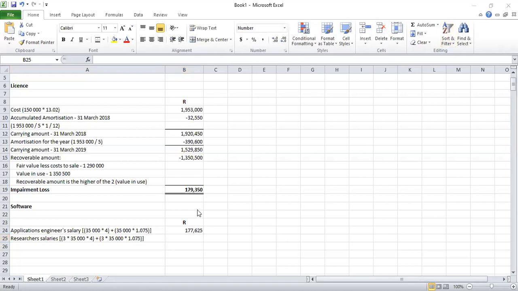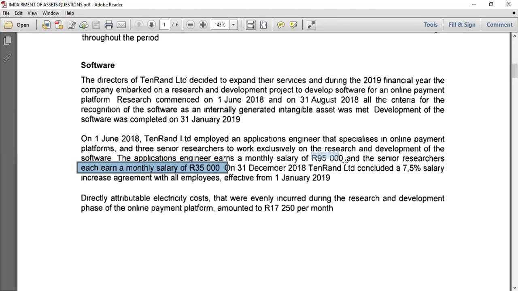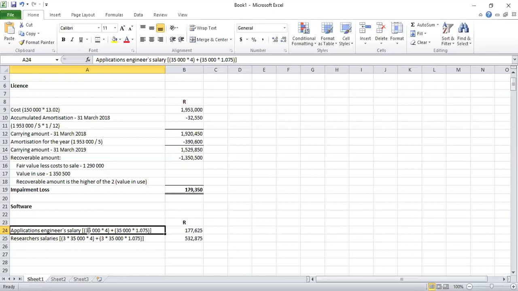Right, what do we get? 532,875. Right, so these were 3. No. I used the wrong salary. Yeah. Which one? On the engineer. The engineer was earning a salary of 95, not 35. Okay. So can we go back to the engineer salary? Correct this one. And replace. Make it 95. Okay.